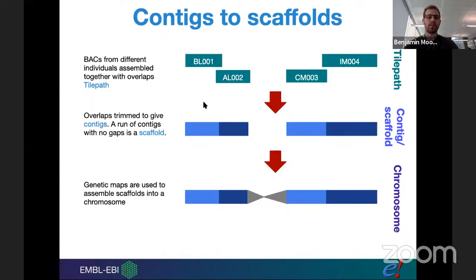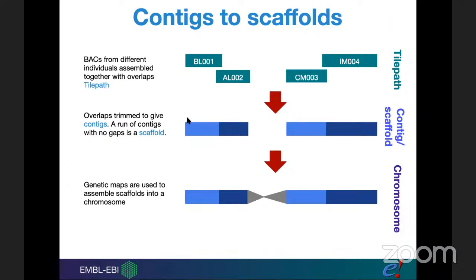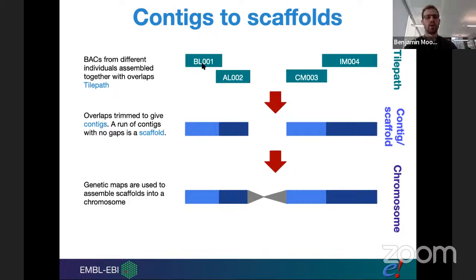This slide is slightly out of date now with the advancement of the different sequencing technologies. But when the human genome was first sequenced, what we actually had to do was take these individual reads and clone them into bacterial artificial chromosomes, called BACs. Then we sequenced those clones, and that's called the tile path.